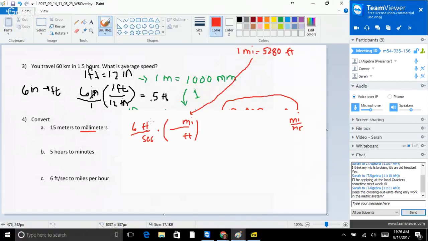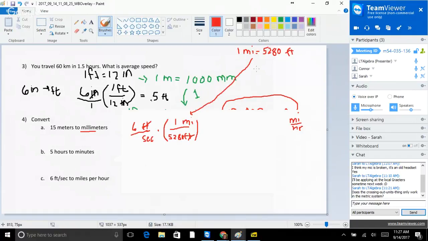And that way, when I go to cross out, the feet will cross out the feet and I'm left over with miles. But I can't just do miles to feet. I have to actually put in the numbers. So I'm going to put 1 mile and I'm going to put 5,280 feet. Okay. So we've got feet taken care of. And I'm sorry for the messy writing, but we got feet taken care of and we're going to end up with miles. So that's good.